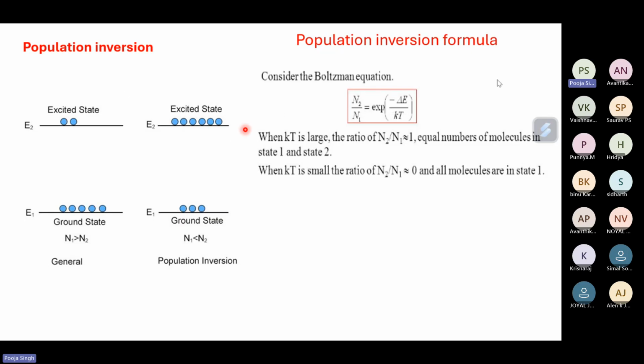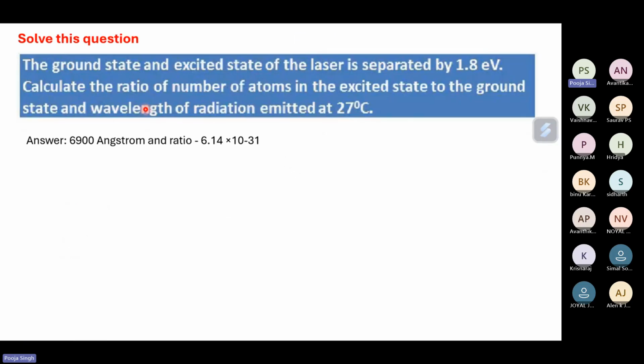Based on this population inversion formula, can you solve this question? It is simple. The ground state and the excited state of the laser are separated by 1.8 eV.